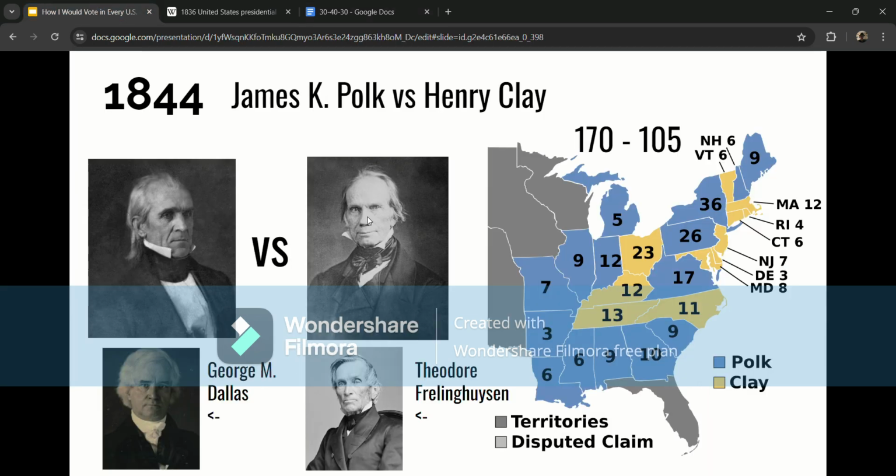It's not even close for me. And I also like that he is by this point known as what is called the Great Compromiser. He's known as this legendary figure in Congress, being able to get done pretty much almost anything and work across the aisle with Democrats and Whigs alike to pass a whole bunch of bills, which I love. That is good. So he definitely has a lot of good, strong character when it comes to the presidency.